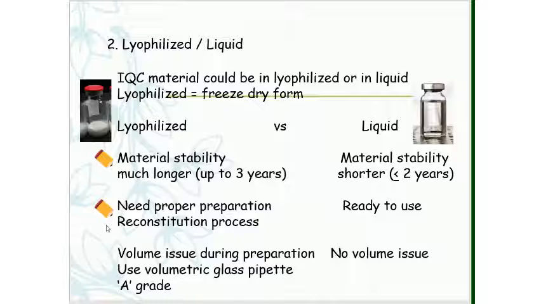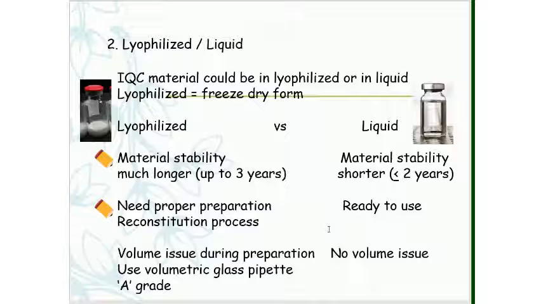For lyophilized, it needs proper preparation during the reconstitution process, while for liquid form, it is ready to use. So no other preparation. And please note that for the lyophilized IQC, there is a volume issue during the QC preparation.